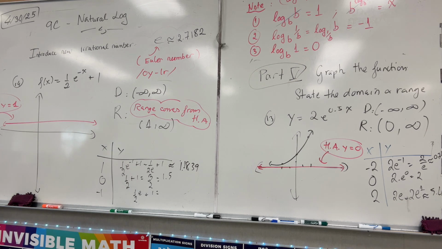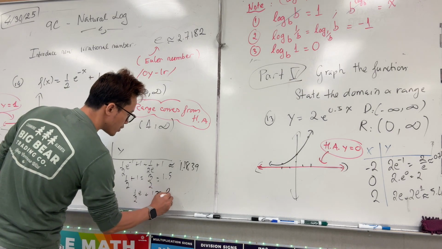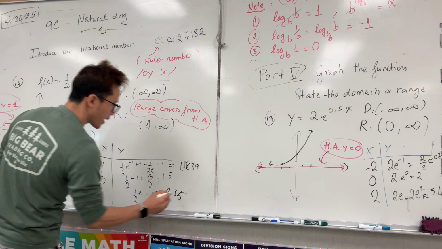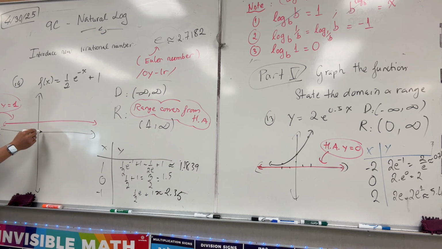So 1 divided by open parenthesis 2 times e, right? 2e, e to the power 1. You need to close one parenthesis for the 1 and close another one for the 2e. And then you plus 1. Okay? E to the power 1 divided by 2 plus 1. That's going to give you about 2.35.